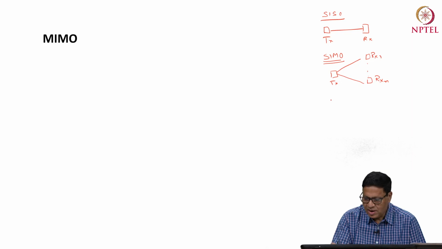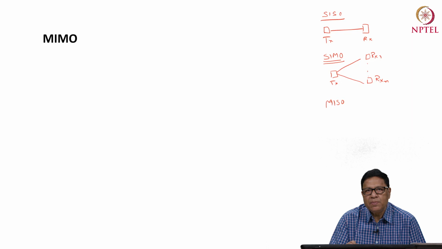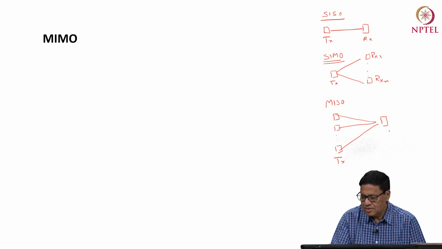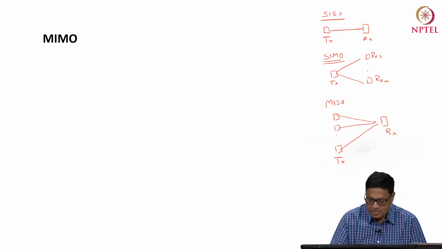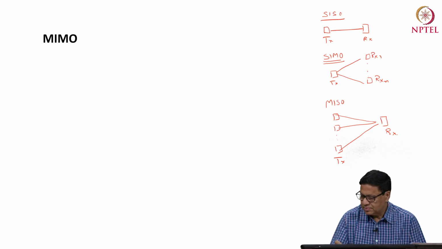And similarly, you have a MISO system, which is multiple input, single output. So you have multiple transmitters and single receiver. These are TX and this is RX. And MIMO, of course, has multiple inputs and multiple outputs.